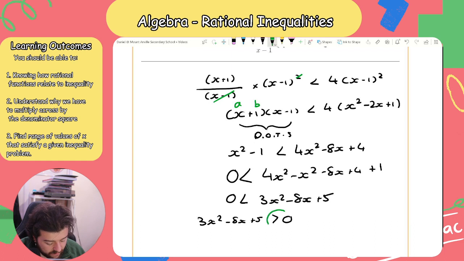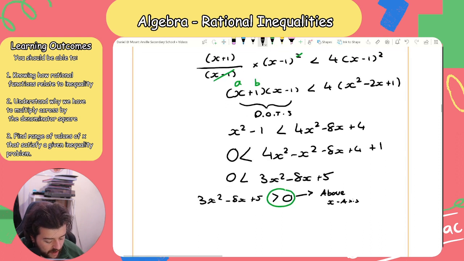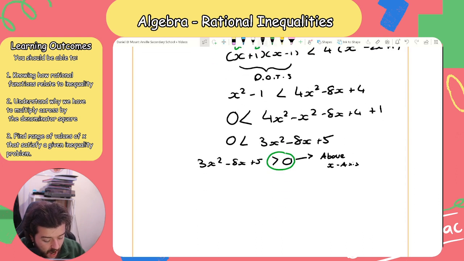Now we need to solve this inequality, which we've done before. Greater than 0 just means above the x-axis. I'm looking for the values above the x-axis. I need to solve 3x squared minus 8x plus 5 equals 0.